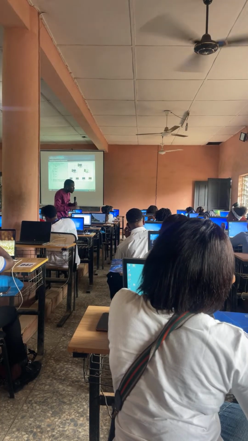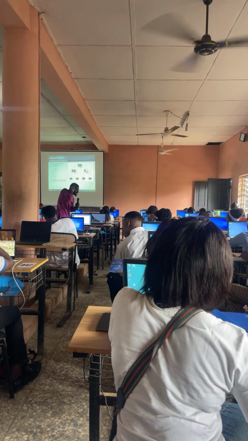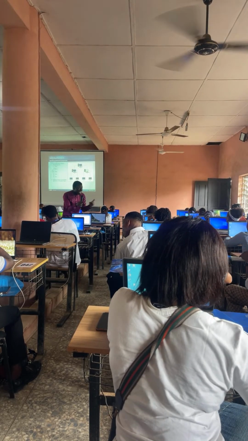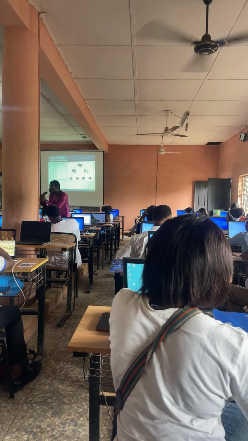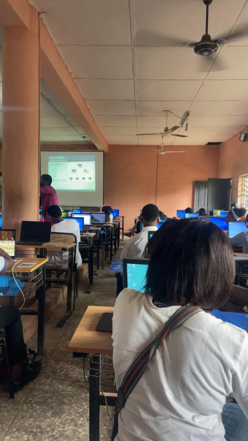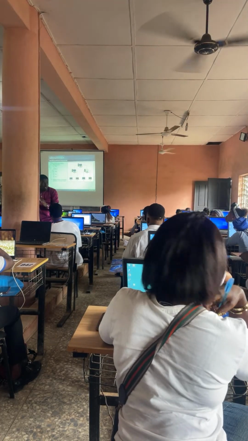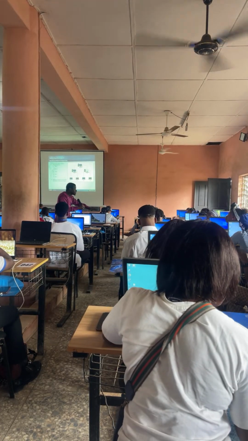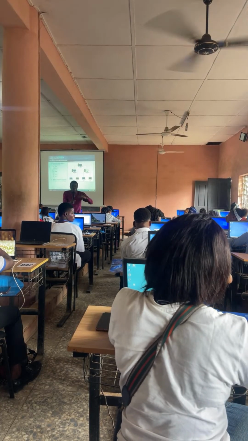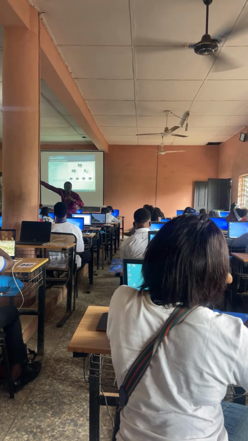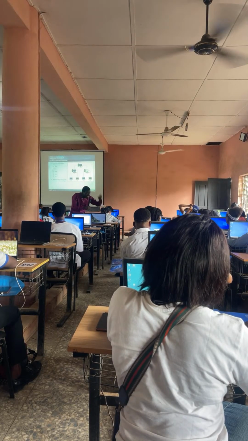Now, the IP address is a unique number. You remember, unique number. So that means no two devices can have the same IP address, because each IP address is a unique number. So if I want to send from computer A, let's say computer A's IP address is 10, and computer B's IP address is 11, if I want to send to computer B, I'll send it to IP address 11.